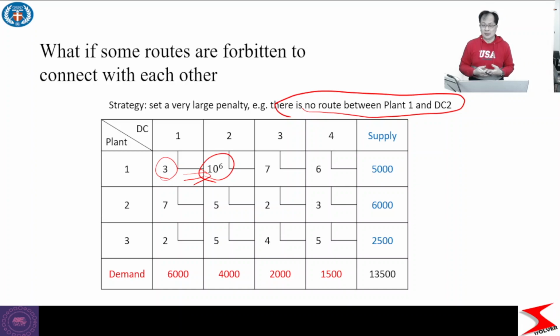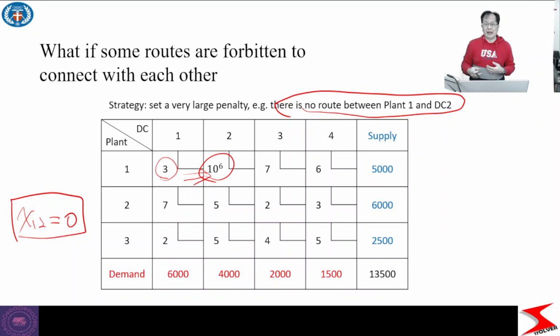The other strategy is that you can add one more constraint, x12 equal to 0, into the transportation mathematical model.